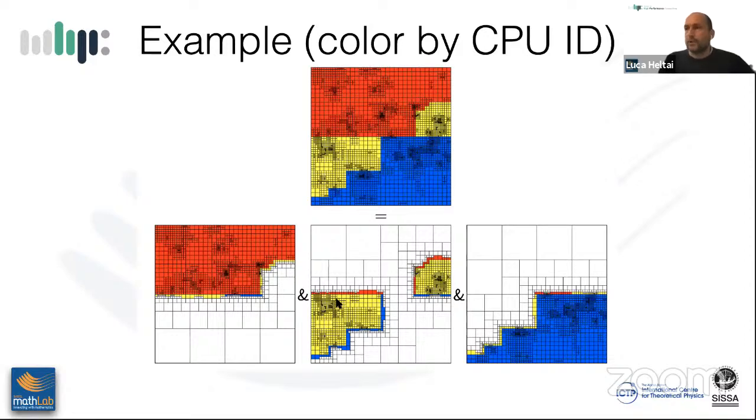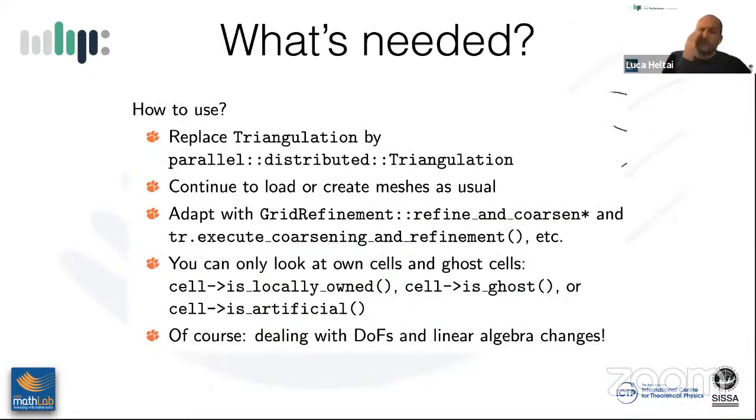Okay, so every process sees the full triangulation, but is only allowed to work on the part of the cells that are locally owned. This overhead that you see, the white triangulation, is negligible. It's less than 5%, even up to several billion degrees of freedom. So this is not an issue in terms of memory footprint, but it allows you to simplify a lot everything that is there. So this is one idea.